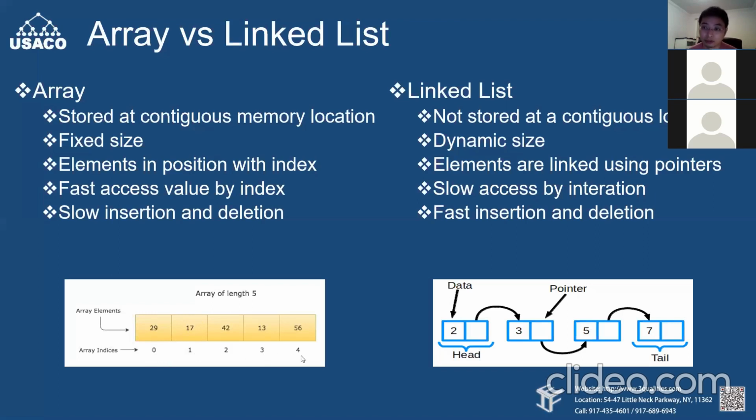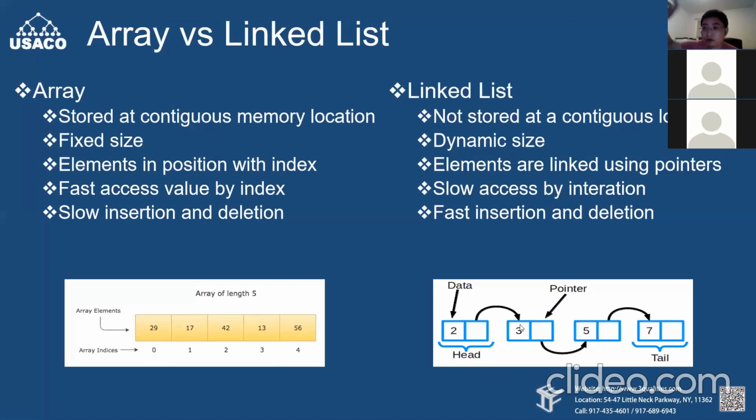Because they are contiguous. For the linked list, they are using pointers. They cannot use the index because they are not physically located next to each other in the memory. That's the reason why they have to use a reference pointer.